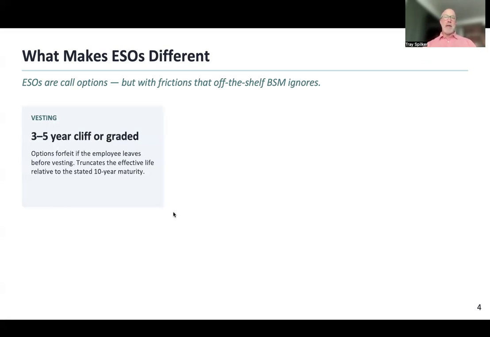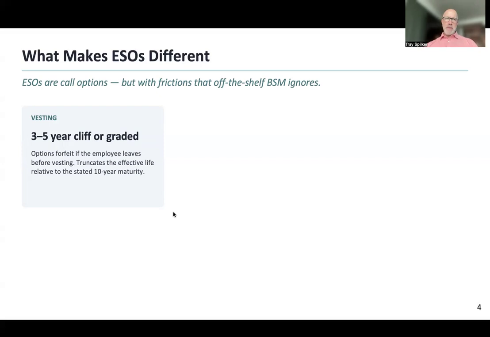Number one is that for most employee stock options, there's a vesting period, which means you have to stay at the company for X number of years. So it could be the case, for example, that if the employee leaves before the vesting period, then those options are forfeited. And so you needn't necessarily have calculated the cost, as it were, for those options. And we'll talk about that a bit more in a minute.